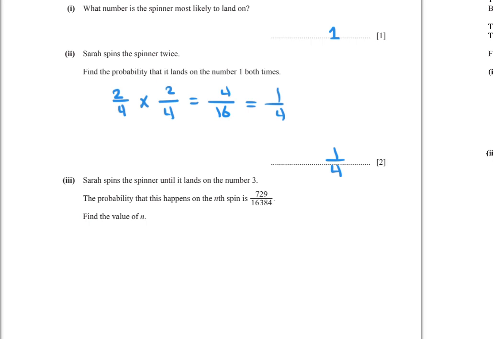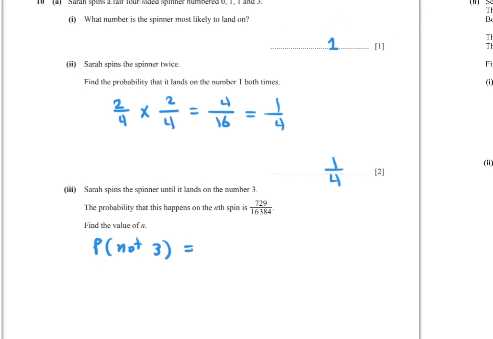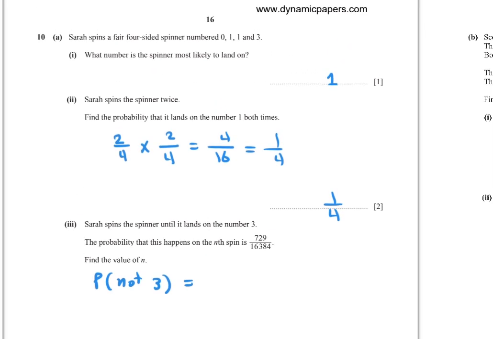So Sarah spins the spinner until it lands on number 3, so all the previous times it is not 3. The probability of 3 is 1 over 4. So the probability of not 3 is 3 over 4.